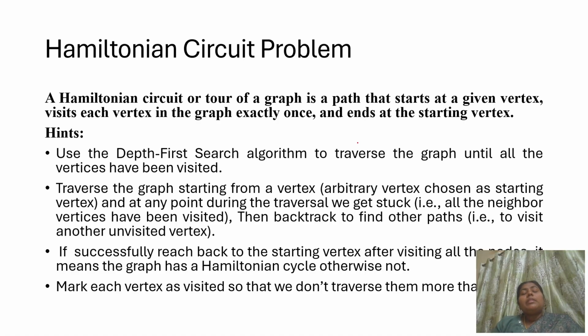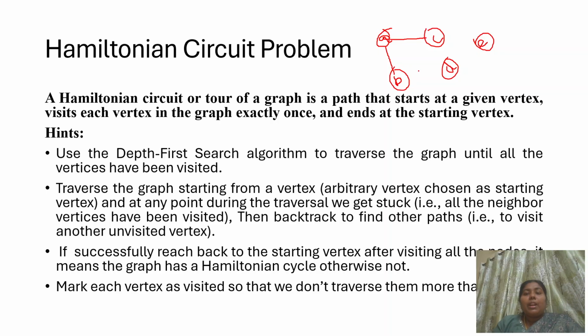What is the Hamiltonian circuit problem? Suppose I am taking a particular graph. One graph I am taking here, A, next one B. I am going to take a connected graph only. Another one C and next one D. The basic concept of a Hamiltonian circuit problem is we have to visit all the nodes in a particular graph.